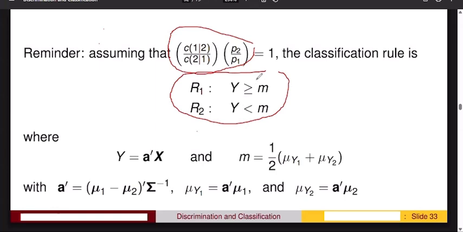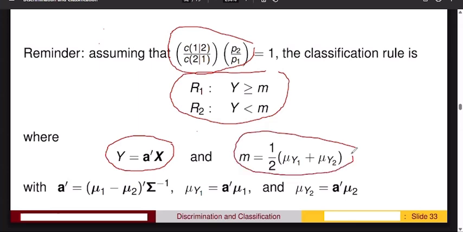And what is m? What is y? For this classification rule, my y is going to be that, and my m is going to be that. My m is the midpoint of the two means, right? And my y is a prime x.